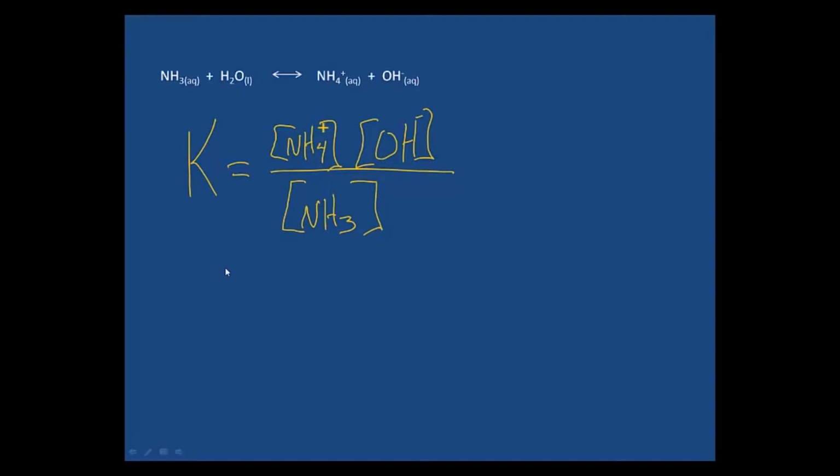So as long as you have a solid or liquid in the equilibrium, it doesn't matter how much is there. If we have a solid or a liquid in a chemical equation and we're writing an equilibrium constant for that equation, we do not include the solid or the liquid in the equilibrium constant expression.